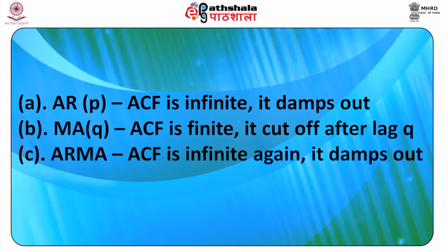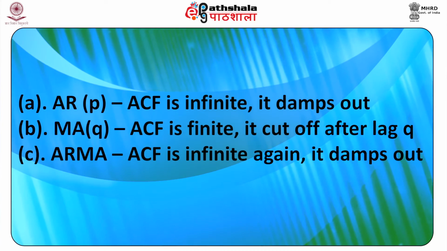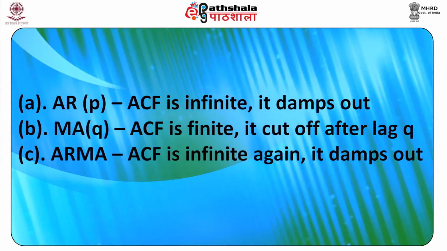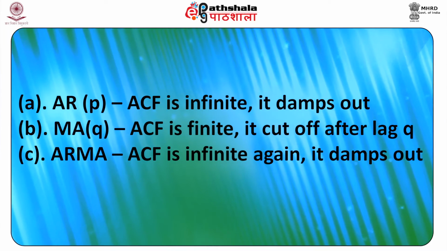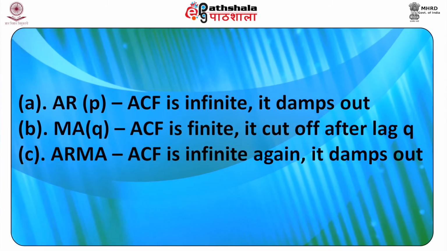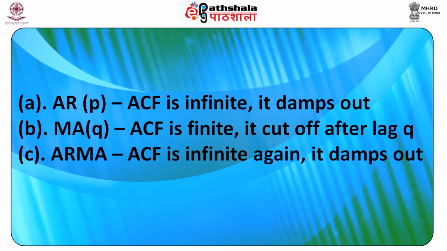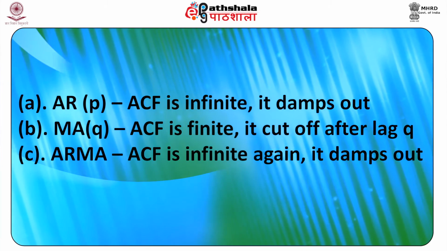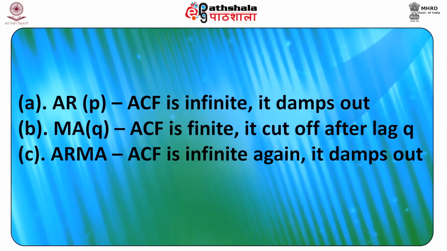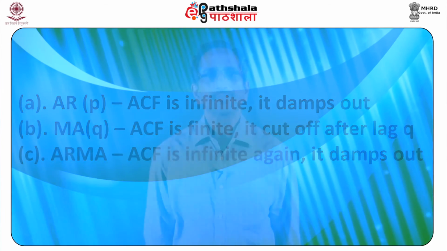In order to detect the type of time series model from looking at the ACF, the following key points need to be kept in mind. First, if the time series is AR(p), ACF is infinite and it damps out. If the time series is MA(q), then ACF is finite and it cuts off after lag q. If the time series is ARMA, then ACF is infinite again, however it damps out.